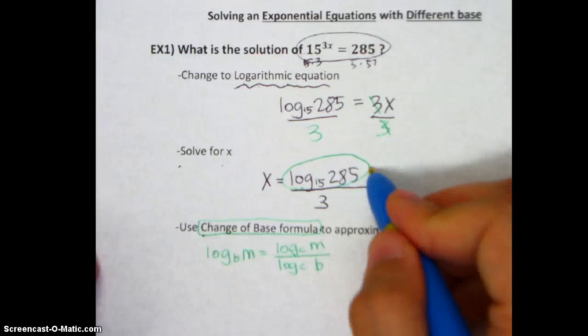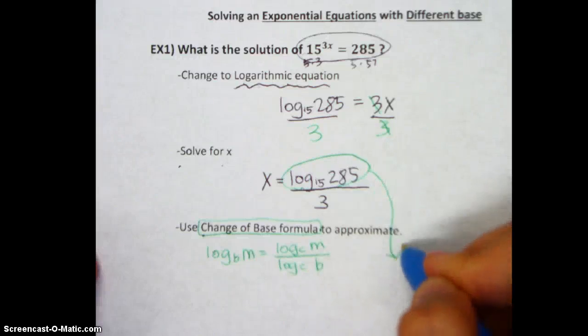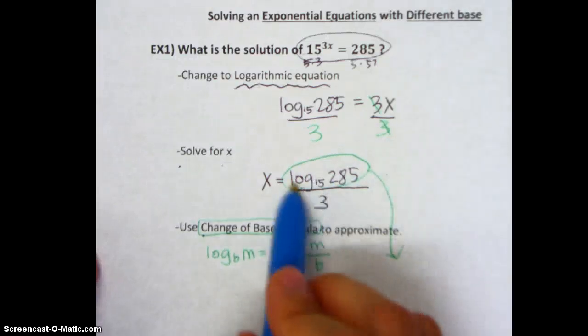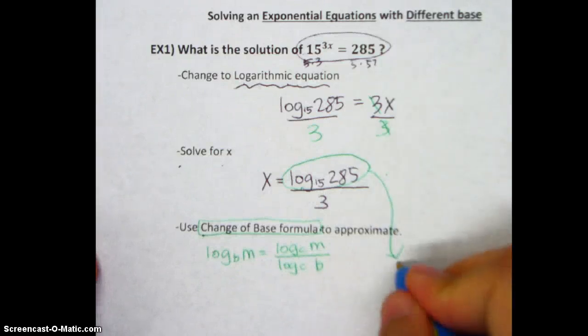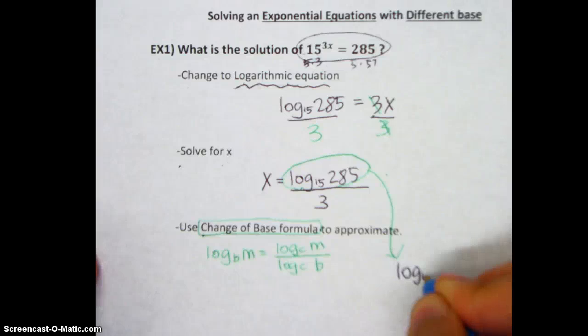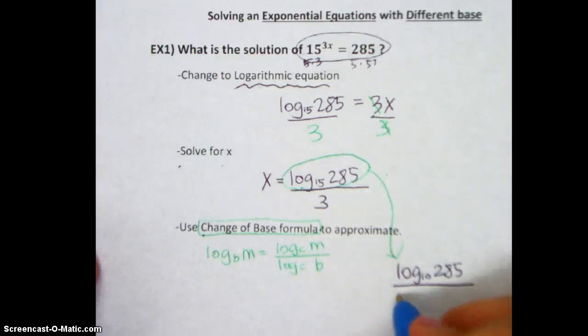So if I convert that, I'm just gonna deal with the top part first. I will get log base 10, which I don't really have to write, of the argument 285, and the base goes to the bottom. It becomes the argument of the denominator.